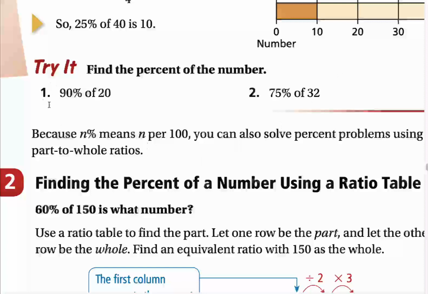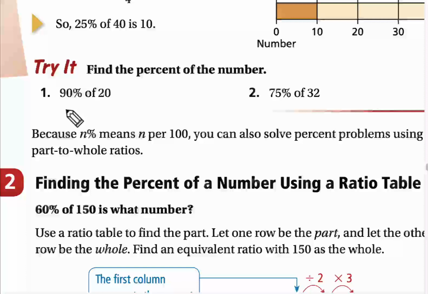We will solve question number one: 90% of 20. Let's write it as a fraction. Not 0.9, that is a decimal; I want a fraction.